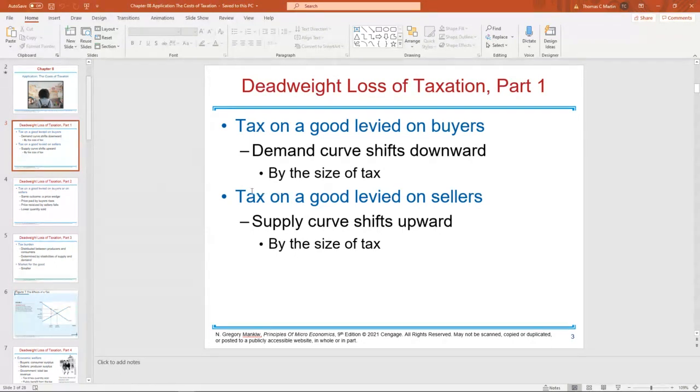But if we look at examples, say with Hatteras Yachts, when they had the luxury tax and Hatteras Yacht Company went bankrupt, it's because the demand curve for their product was elastic.